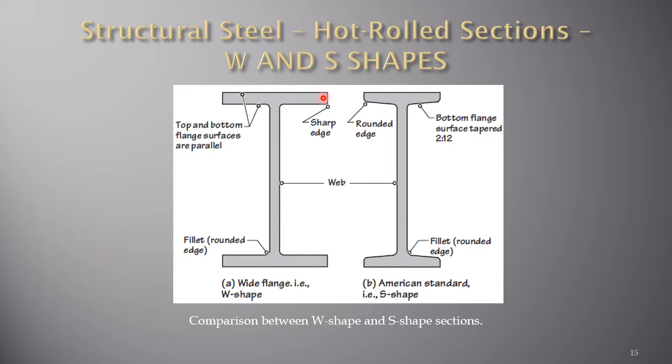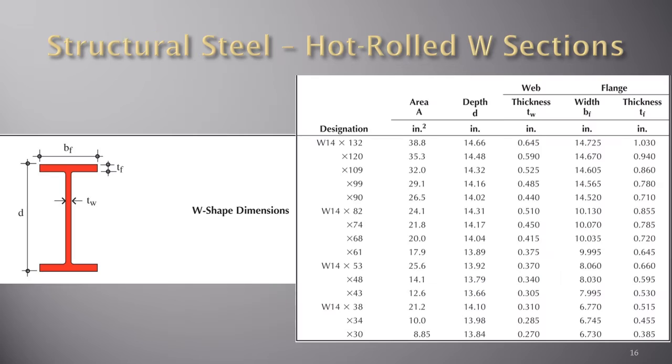And the flanges tend to be wider in the W shape, hence their original name of wide flange, than the S shape. But otherwise, they tend to be very, very similar.